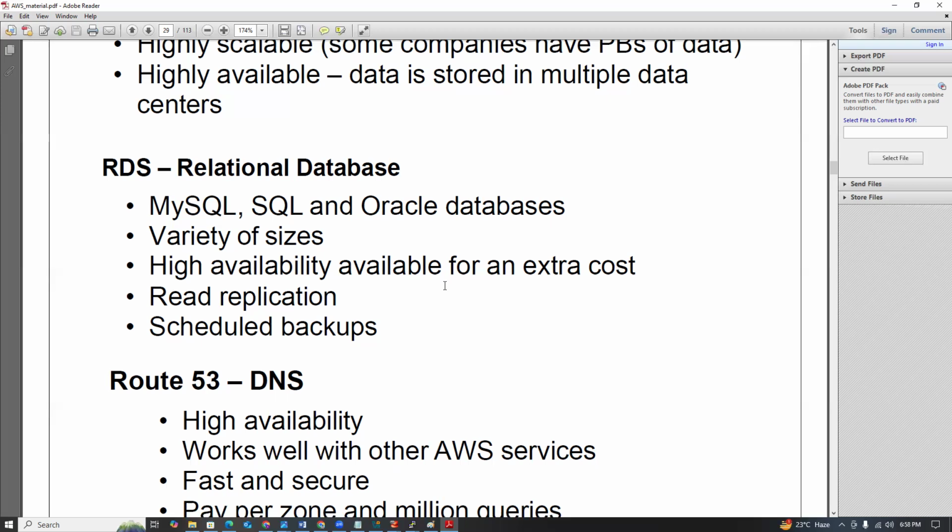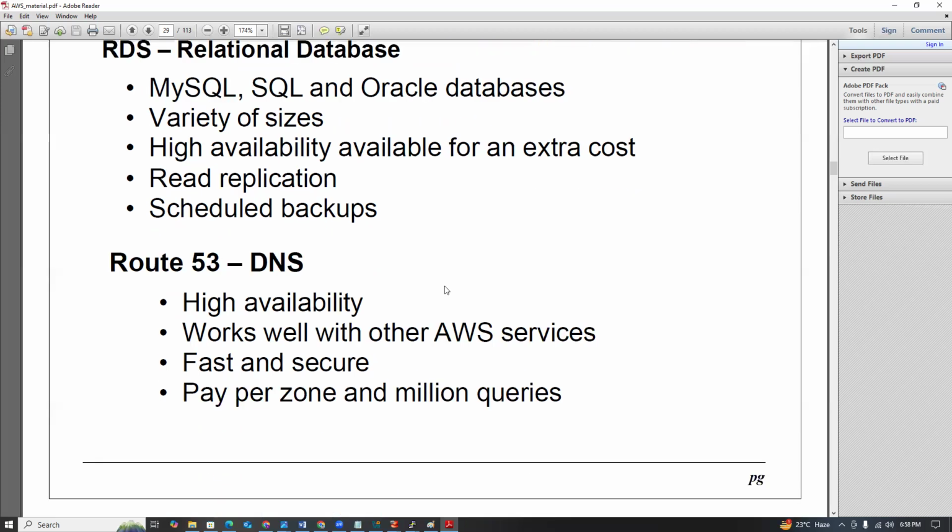What is Route 53 DNS? It offers high availability, works well with AWS services, and is fast and secure. Route 53 means DNS. Facebook.com, WhatsApp.com, and so on are all DNS names, the Domain Name System. How do we convert from an IP address to a server having the IP address 192.168.56.101?